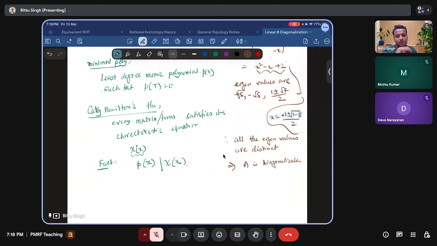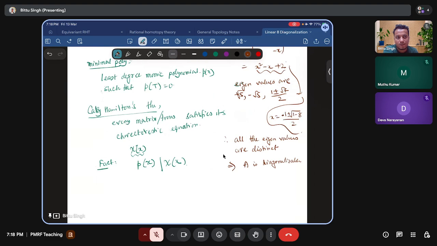When something is diagonalizable and the eigenvalues are distinct, the minimal polynomial is the same as the characteristic polynomial. This is the case because those entries are different. Otherwise, we may not conclude.